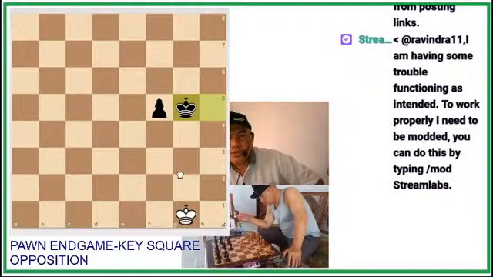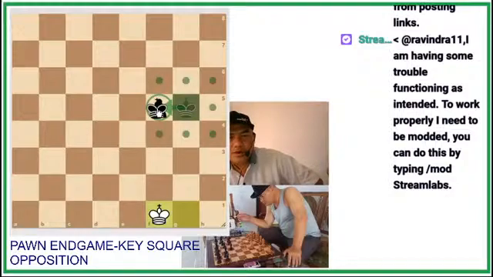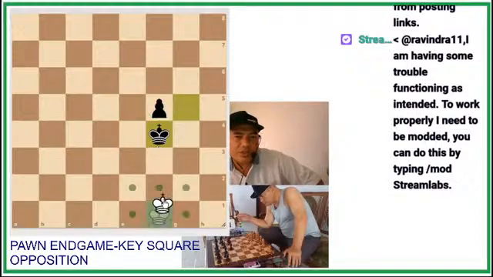So knowing that this is a losing move for white, because black will get the opposition, the only move for white is here. By doing this, see that black cannot go here because it is blocked by his own pawn. So black cannot do the opposition. So now white has an advantage. If black was here, then white will have the opposition.